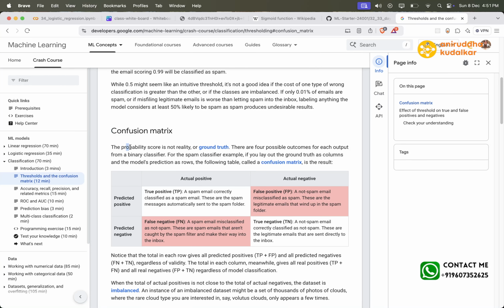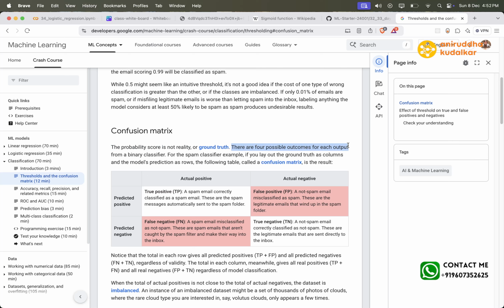The probability score is not reality or the ground truth.